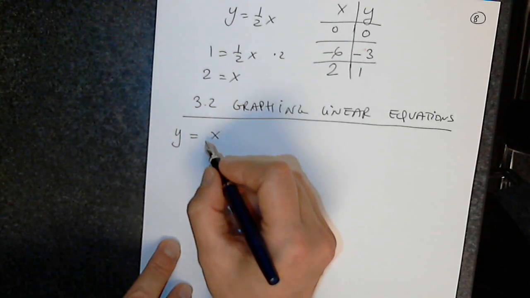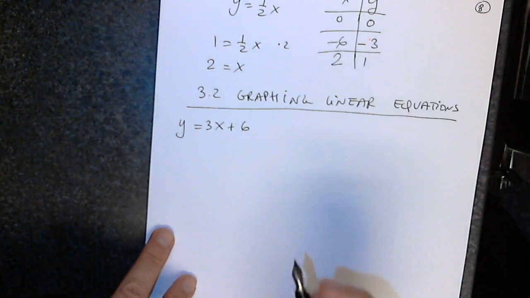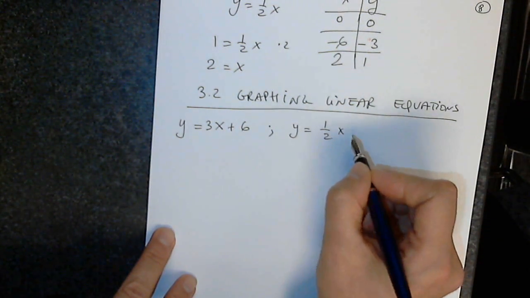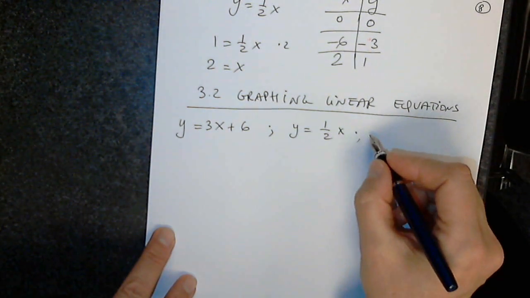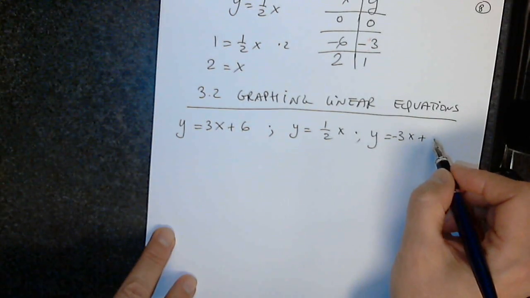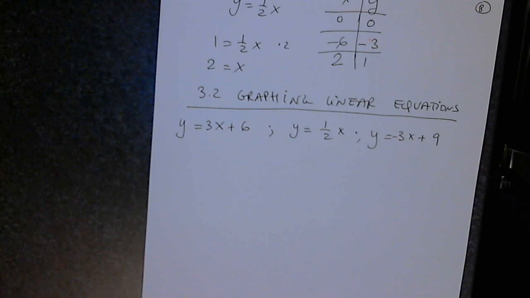Y equals 3x plus 6. Another example, Y equals 1/2 x. Another example, Y equals negative 3x plus 9. All these are linear equations.